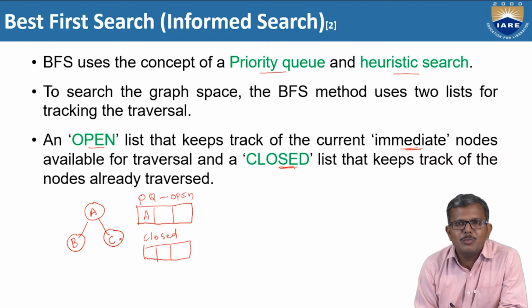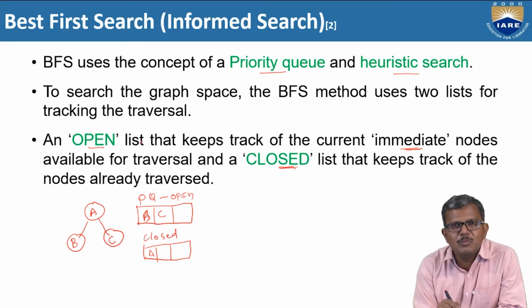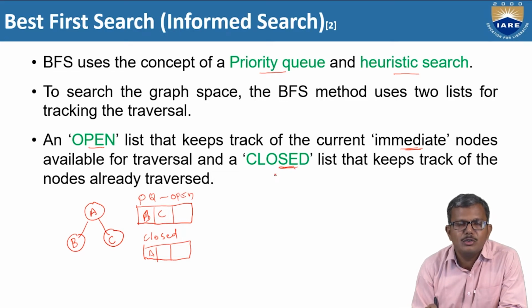When you complete step number 1, A is going to come to the closed place and B is going to come into the open one. Like that we continue. So during the implementation of best first search, we make use of two priority queues. One is open, which we use to place the immediate nodes available for traversal, and the other is called closed, where we place the labels of the nodes which we have already visited during our traversal.